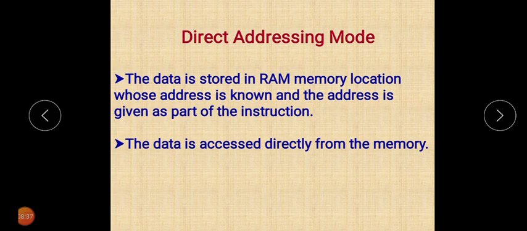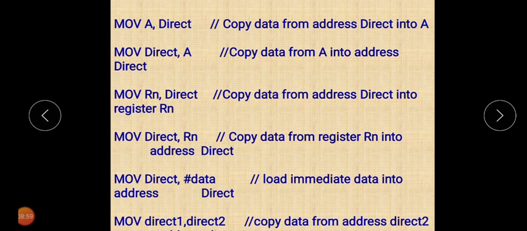Next, direct addressing mode. In direct addressing mode, the data is stored in a RAM memory location and then it is accessed with the help of this memory location. And we always specify the memory location where the data is stored. These are the examples.